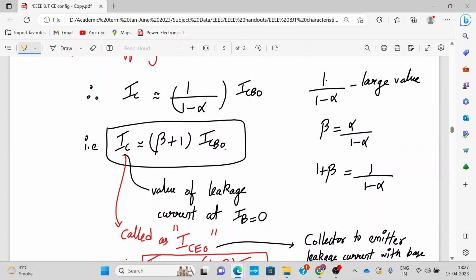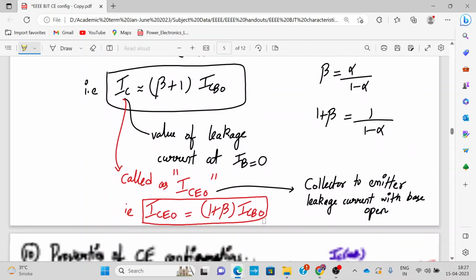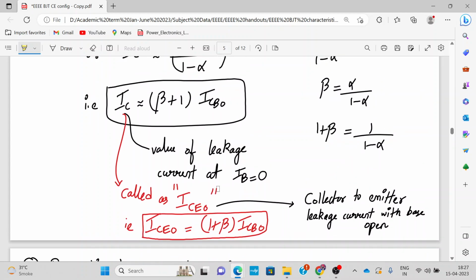Now ICBO is in nanoamperes, it's a leakage current. The value of leakage current at IB equal to 0 is called ICEO. We call it the collector to emitter leakage current with base open. That ICEO is nothing but 1 plus beta times ICBO.